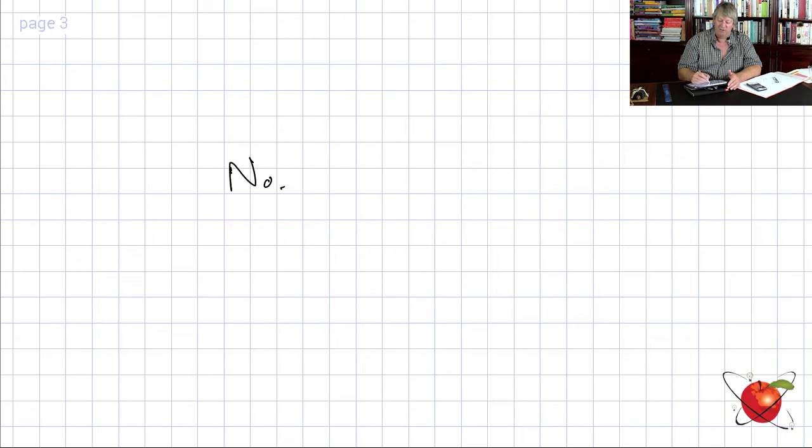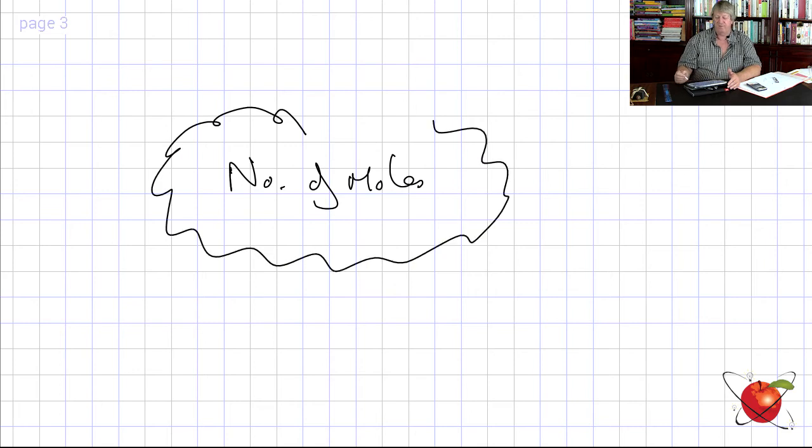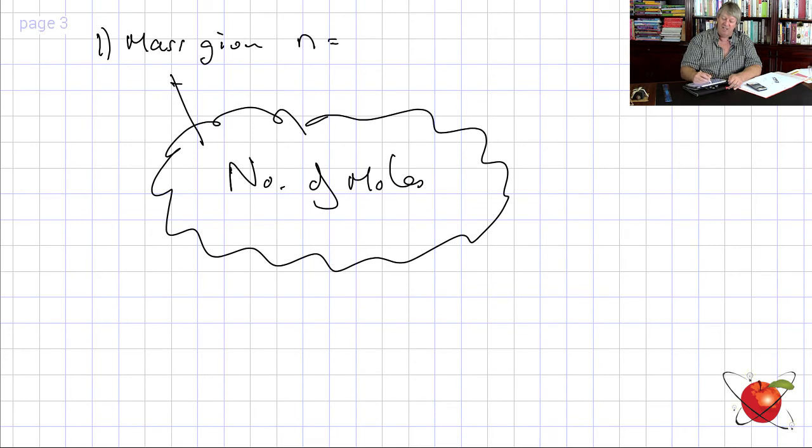First of all, the way to get moles is if we are given a mass: number of moles is mass given over molar mass. That's the first way of working out moles.